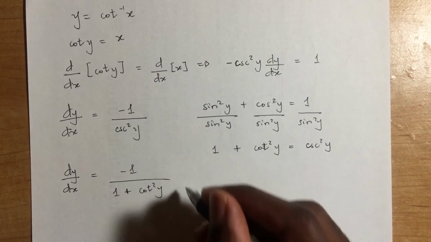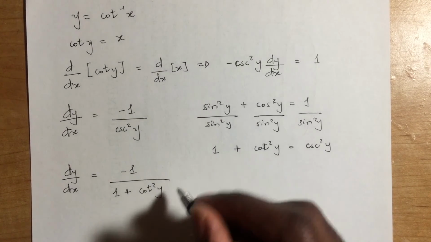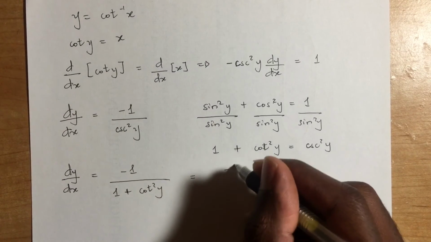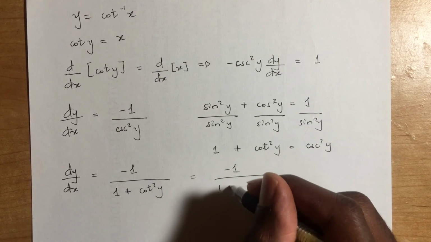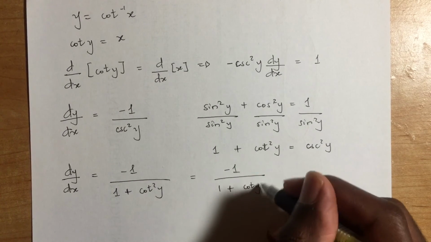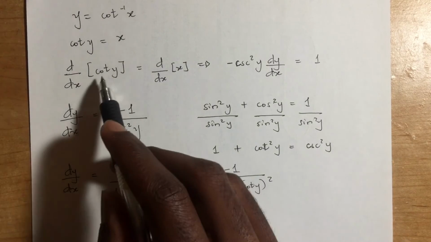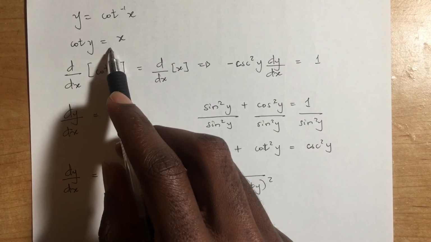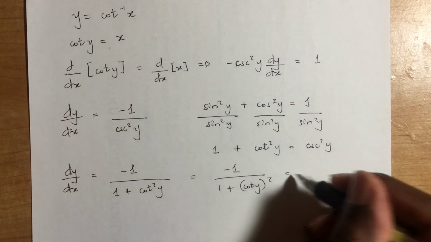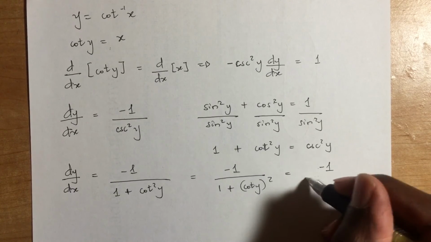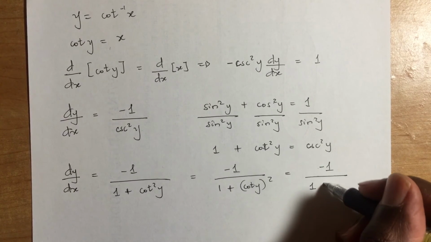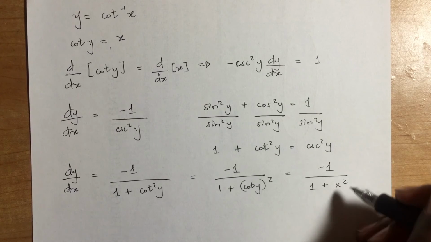And then if I rewrite this as negative 1 over 1 plus cotangent of y, all that squared, and we know that cotangent of y equals x, our final answer will be negative 1 over 1 plus x squared, all right?